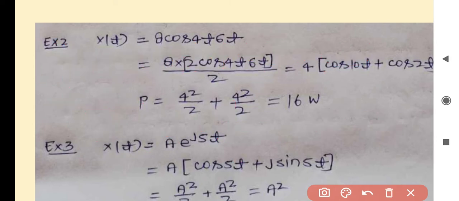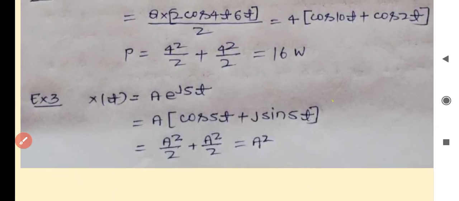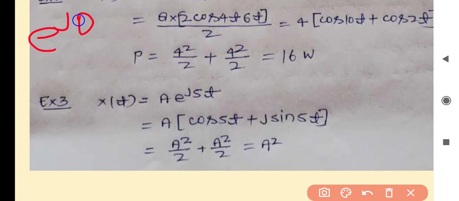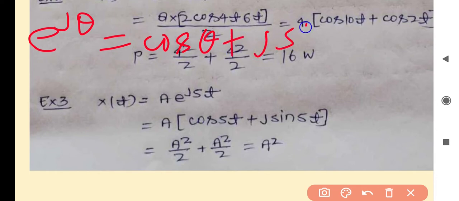And in the next question we have to calculate the power of x(t) is equal to a e power j into 5t. We can write e power j theta as cos theta plus j sin theta.